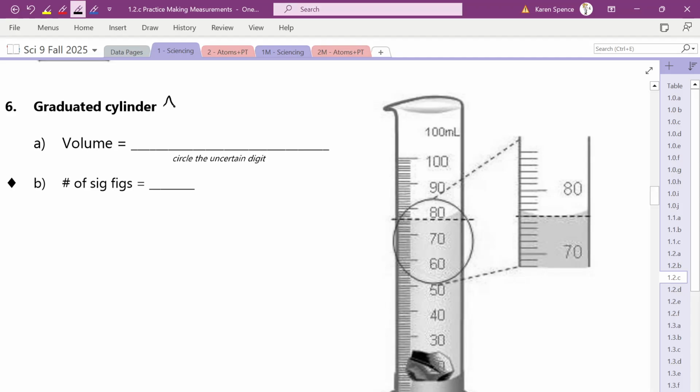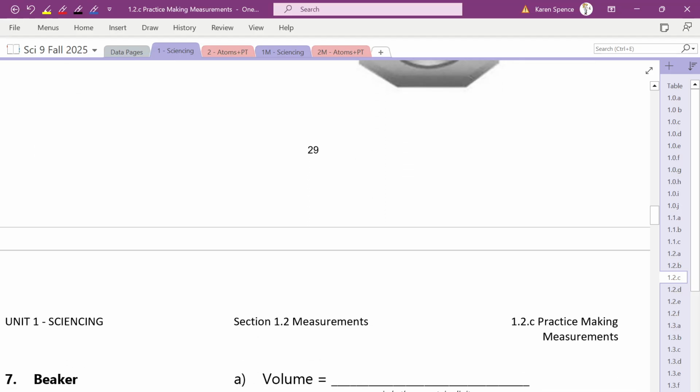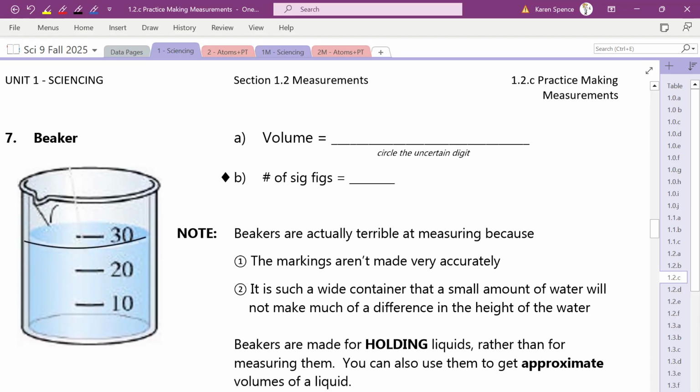Ooh, look, there's another graduated cylinder. Everybody needs to know what a beaker is. Does everybody know what a beaker is? Did we use beakers last year? Yeah, okay.